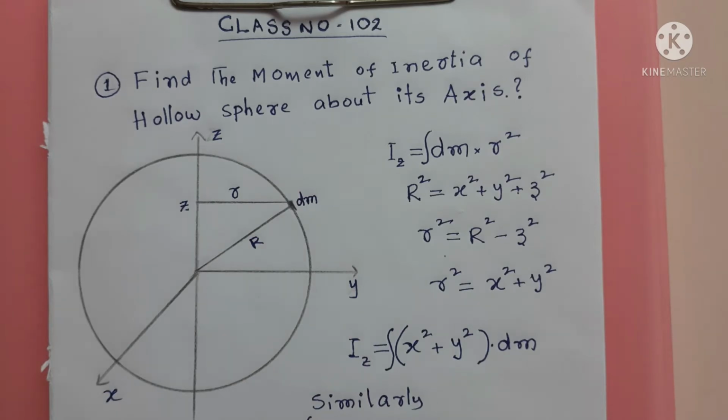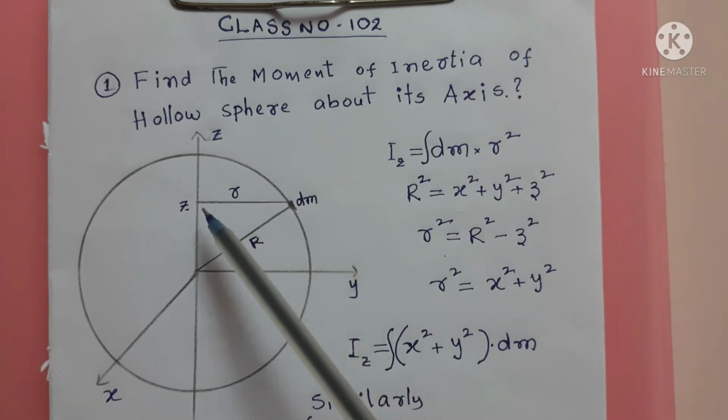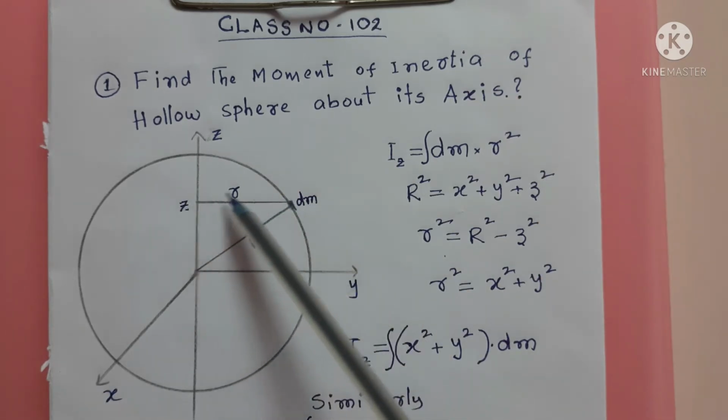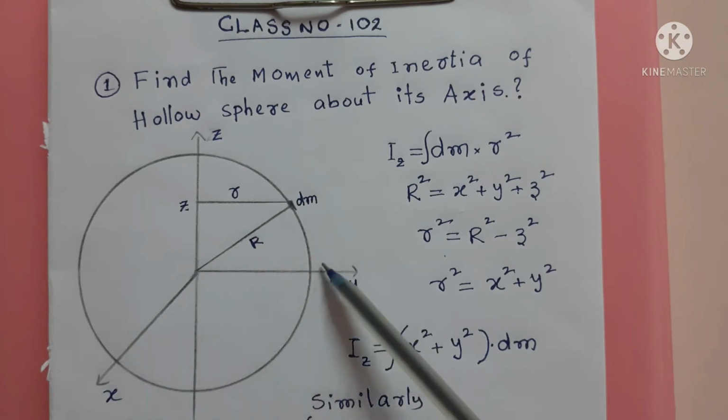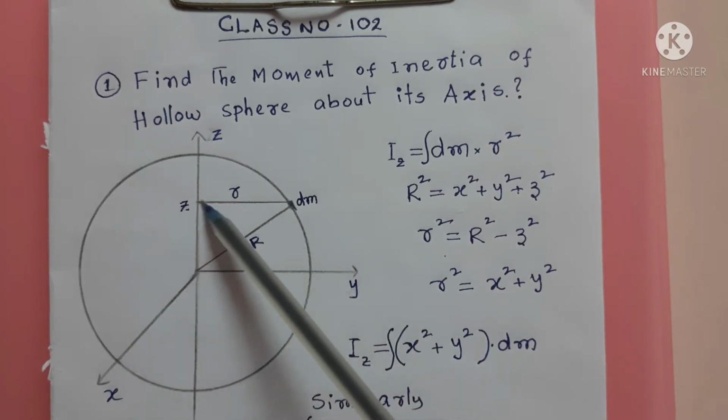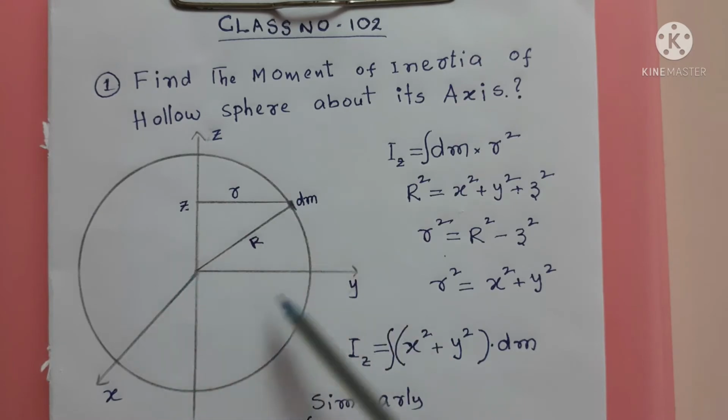Now I will calculate what r is. Small r is in the xy plane. So how can we calculate it?